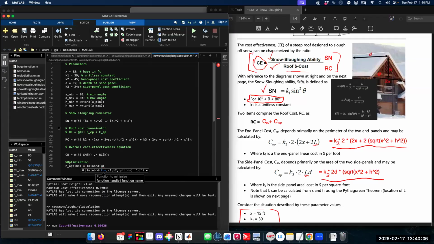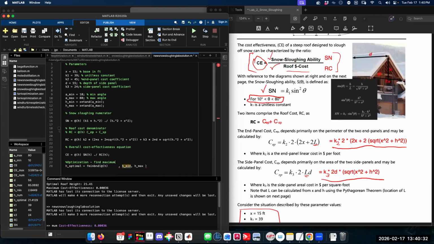So the function will be at h, because that's our variable here. I'll make it clear. We have the function that we need to fill in here. We have the bounds that we need, which is h min, h max. Okay, so we have the bounds.